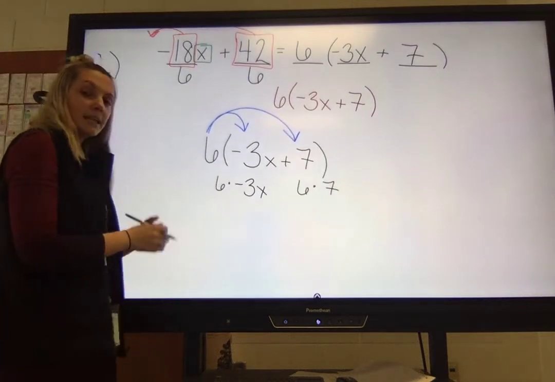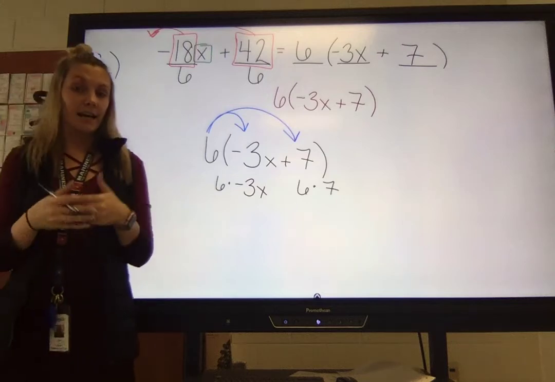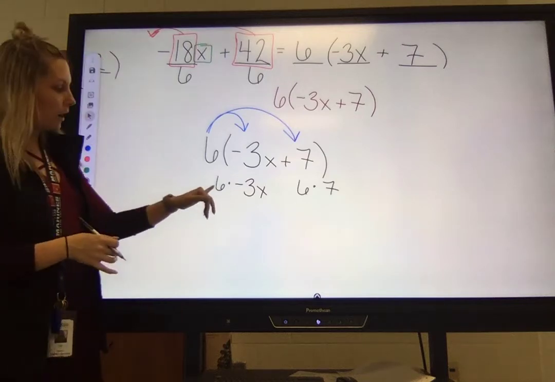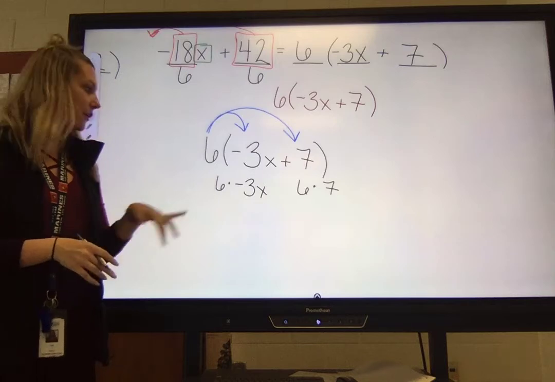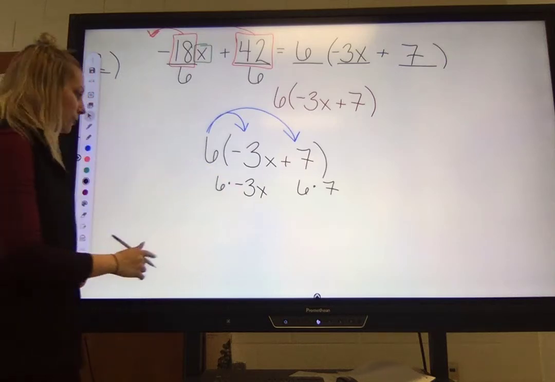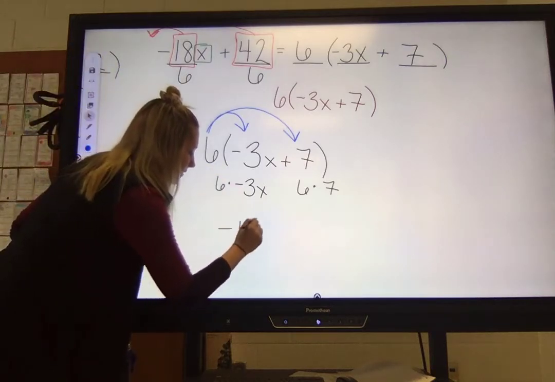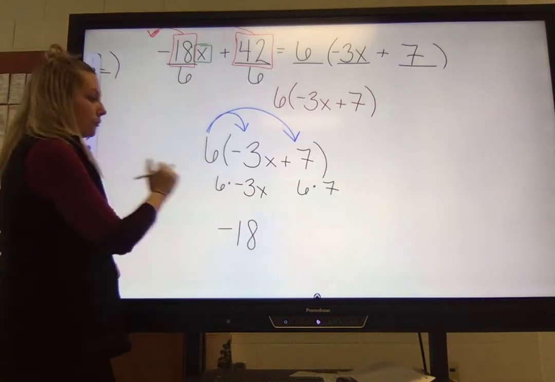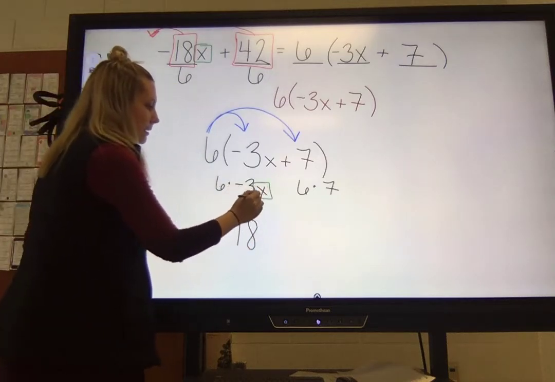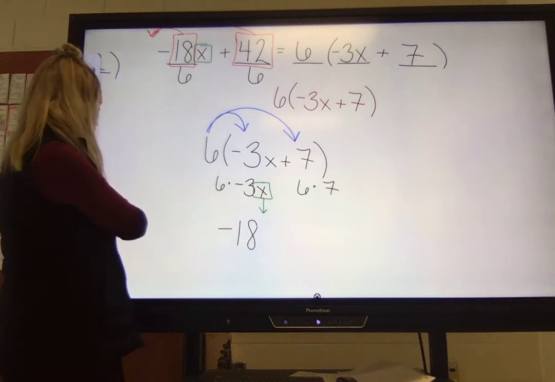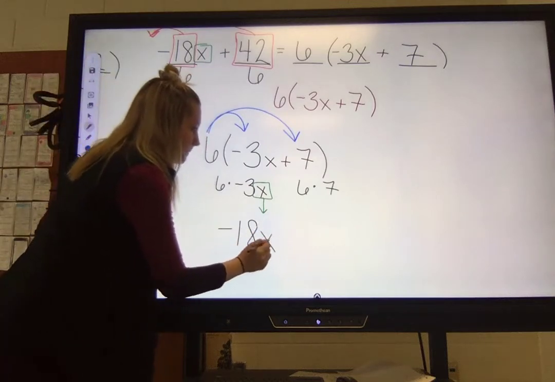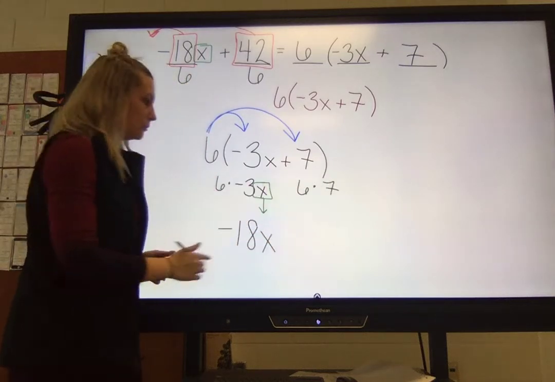So I got to look at this and say, okay, can I multiply 6 and negative 3x together? Well, yeah, sure, I can multiply the two big numbers together. So I'm going to do 6 times negative 3, which is negative 18. Don't forget about your x, right? They've got to come down here right next to the 18. And then I've got 6 times 7, which is 42.